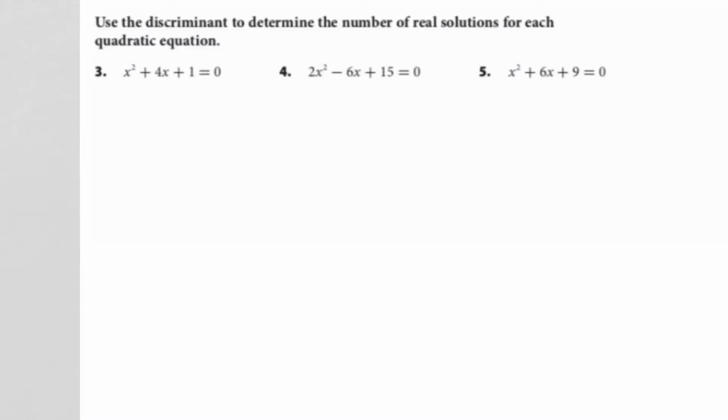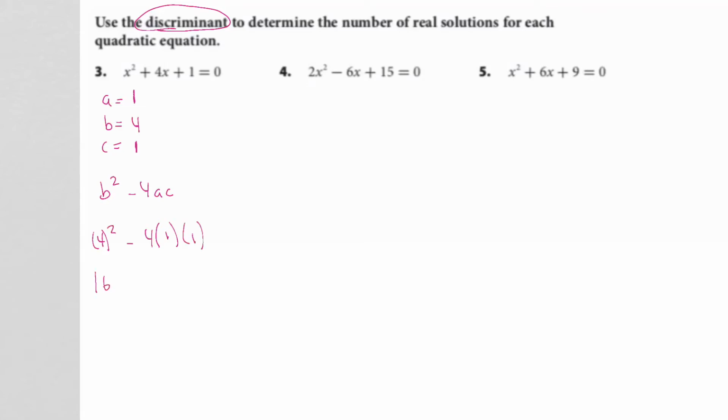Now, in these examples, this is great practice for eventually doing the quadratic formula. A is equal to 1, B is equal to 4, and C is equal to 1. And we're only finding the discriminant right now, which is b squared minus 4ac. Well, b in this case is 4, so you're going to have 4 squared minus 4 times 1 times 1.